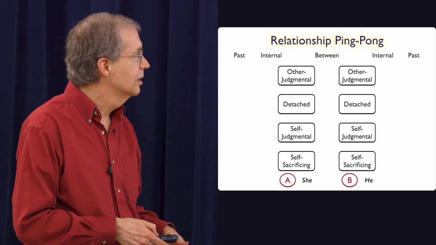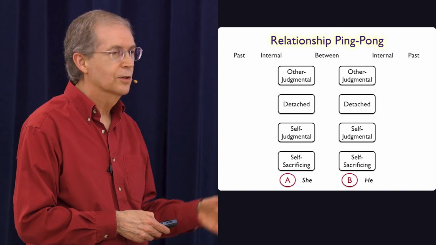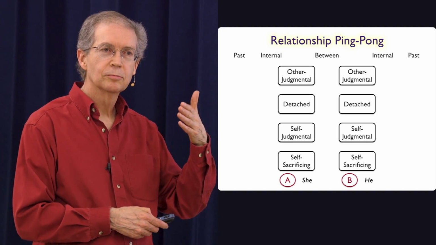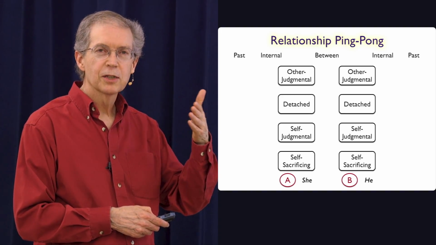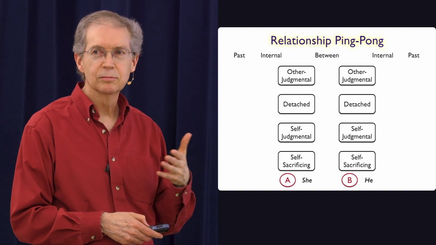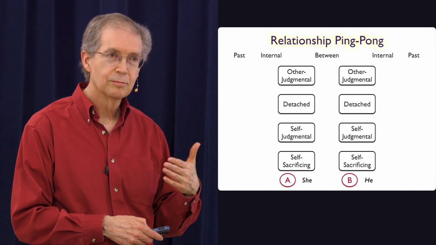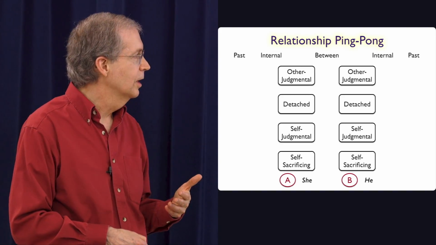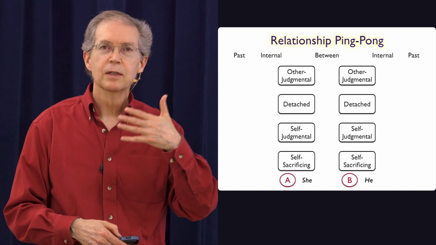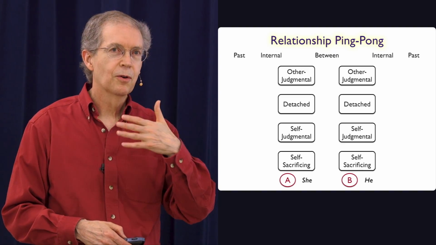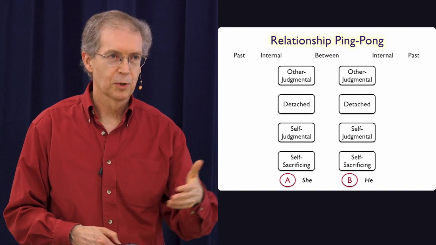The detached sort of stands back and is more calm and rational in a certain sense, but not really engaged. And self-judgmental is critical, but critical of self. And self-sacrificing is all about, well, what can I do for the other person?